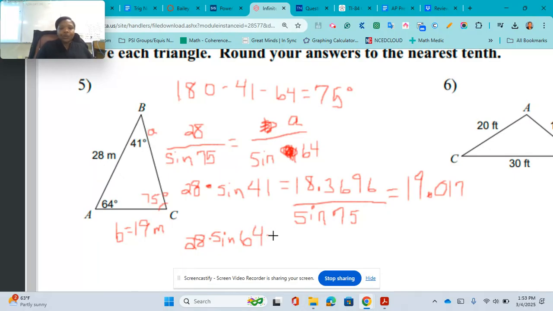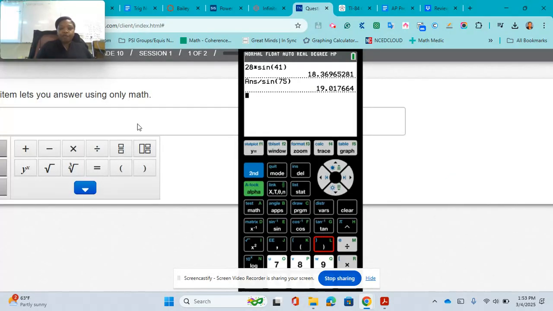We're going to plug that into our calculator. 28 times the sine of 64. In parentheses, enter, and we have 25.166.